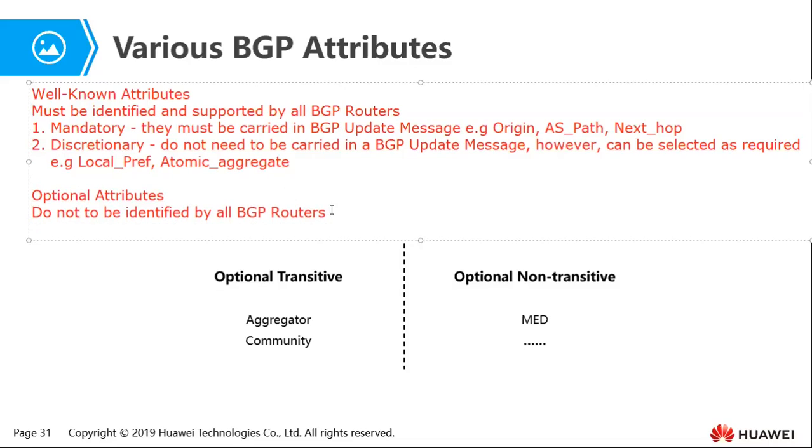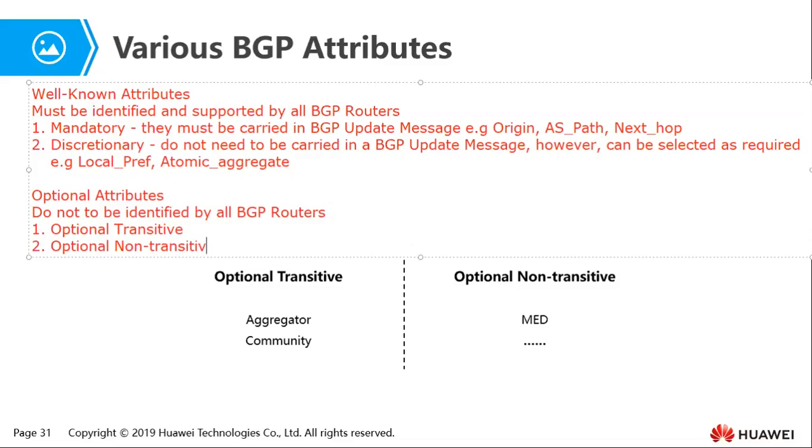Now, when it comes to optional attributes, we have what we call the optional transitive, and we also have the optional non-transitive. So what's the difference between these two?